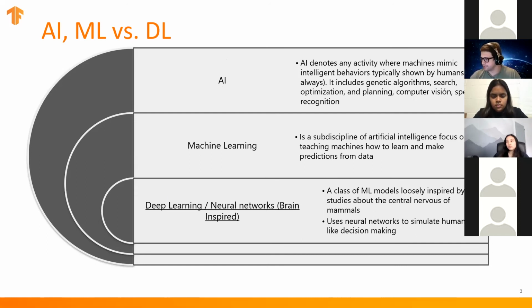And deep learning is basically a kind of model inspired by how our brain works. These are called bio-inspired models, and we're going to see later how this actually works.